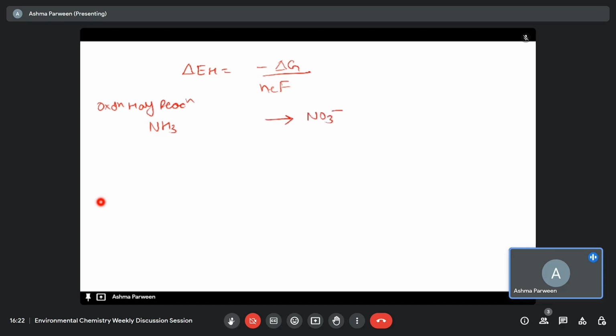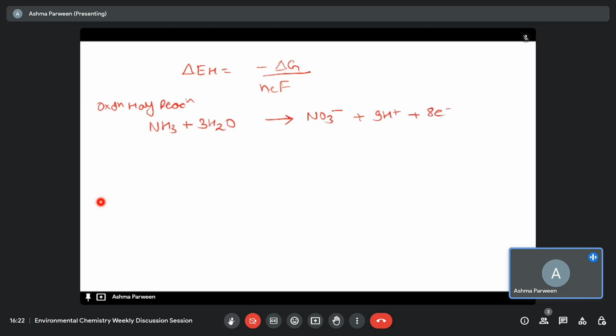First we balance everything except hydrogen and oxygen. Nitrogen is balanced. Next we balance oxygen: 3 oxygen in the product side, so we add 3 H2O in the reactant side. Next we balance the number of H plus: 3 plus 6, that is 9 H plus. And to balance the charge on both sides, we add 8 electrons.